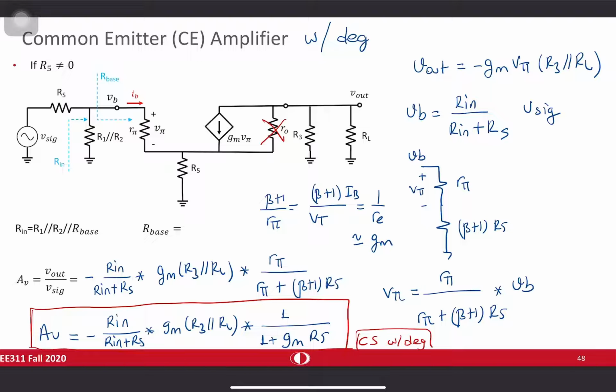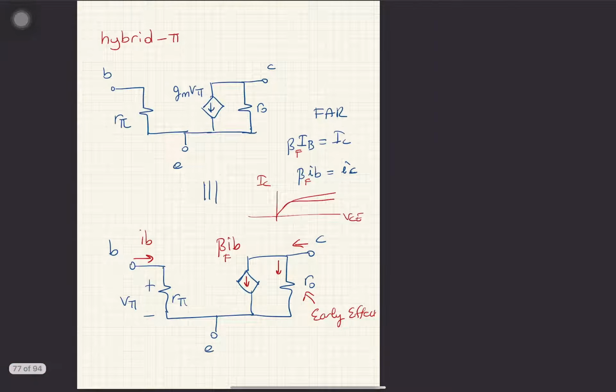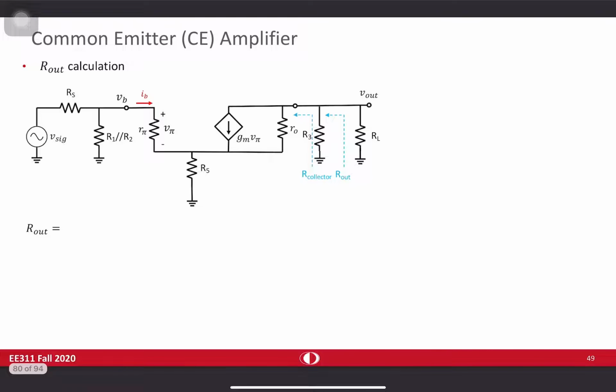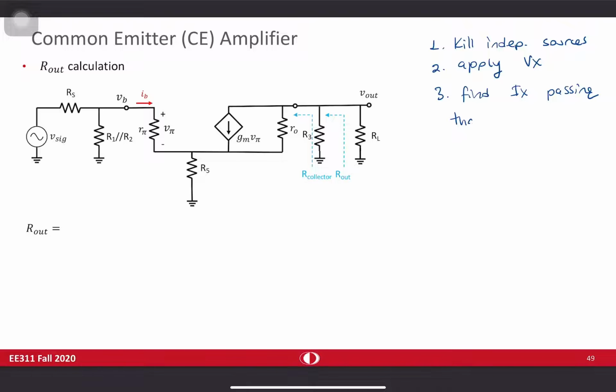And the last term that we should find is output resistance. Let's find the output resistance. For the output resistance, the rule is kill independent sources, apply Vx, find Ix passing through Vx.